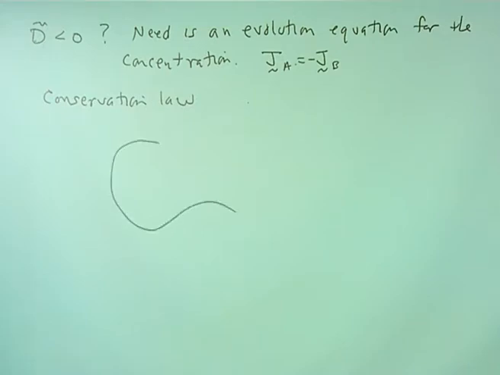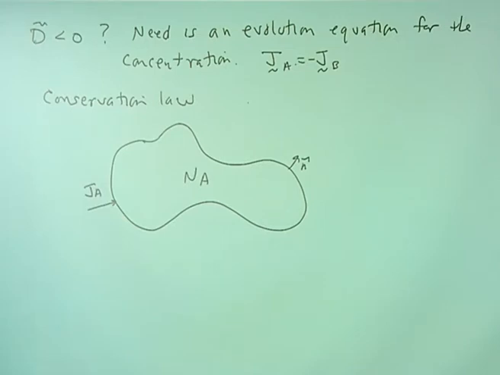And so if you have a volume that looks something like this, where you have a flux of A atoms into the volume. You have an outer normal here, and you have a certain number of A atoms in this volume.